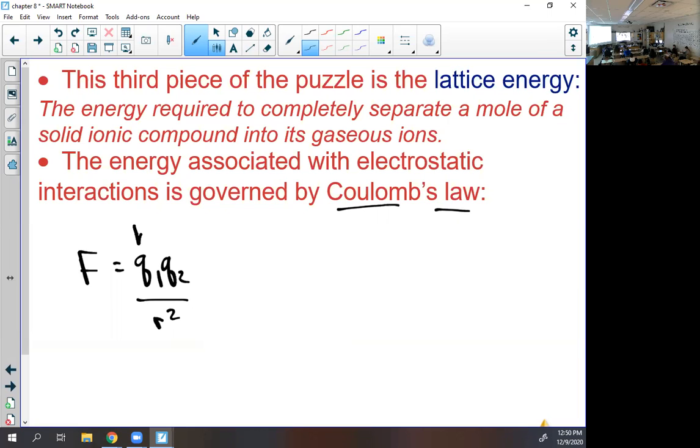Q1 would be the charge of Na plus, Q2 would be the charge of Cl minus, divided by the distance between them.